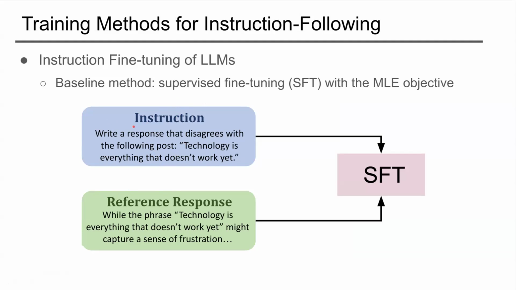The training data includes the instruction and the reference response, and the model is fine-tuned to generate this response given the instruction. This is also referred to as SFT, or supervised fine-tuning.